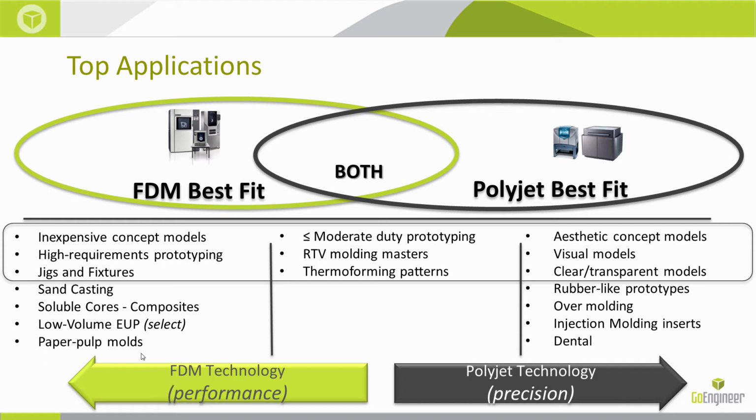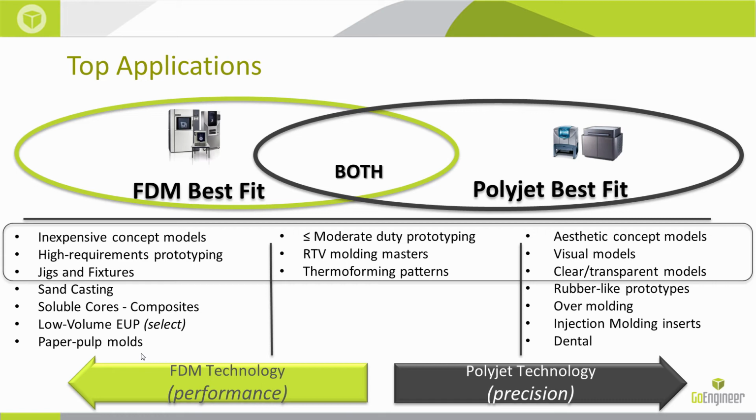Where on the PolyJet side, they're more suited to the aesthetic applications or parts that have very high tolerances or very fine fit and assembly requirements. Prototyping, which is kind of the go-to use on all additive manufacturing machines, is going to be used throughout the machines. That's an application that fits both.